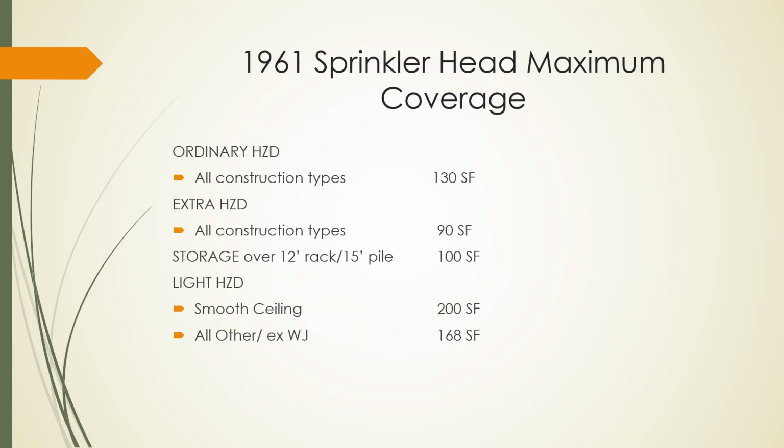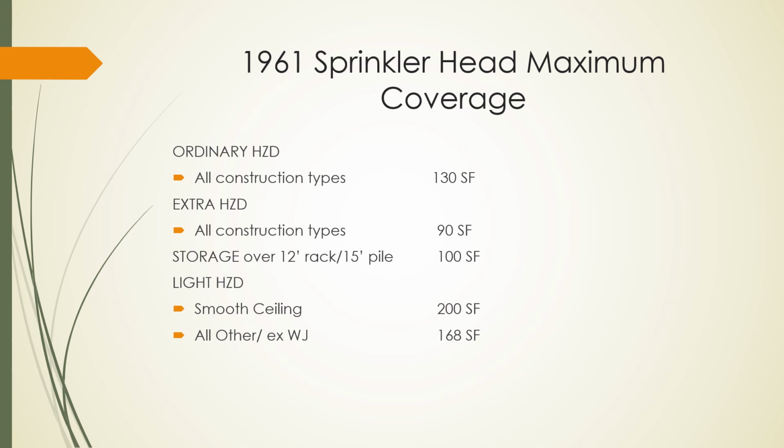Here is the 1961 head coverage. This would be on a pipe schedule system. And as you can see, for ordinary hazard, for all construction types, the head coverage is 130 square feet. For extra hazard, it's 90 square feet. For storage over 12 feet, rack and 15 feet, it's 100 square feet. And for light hazard, you can see that smooth ceiling is 200.